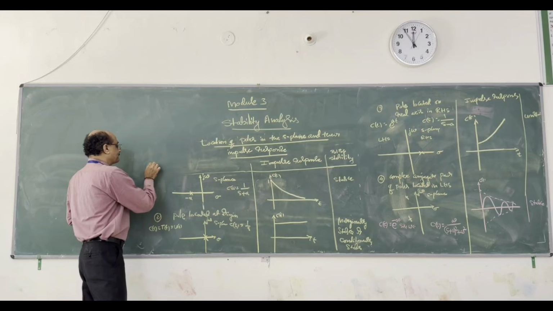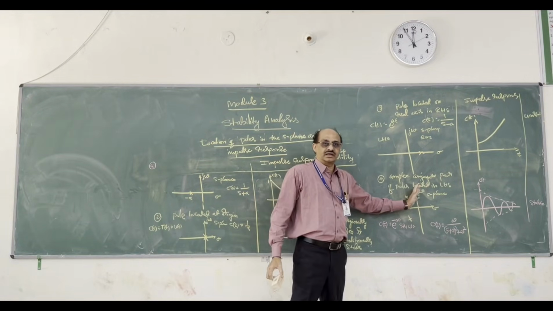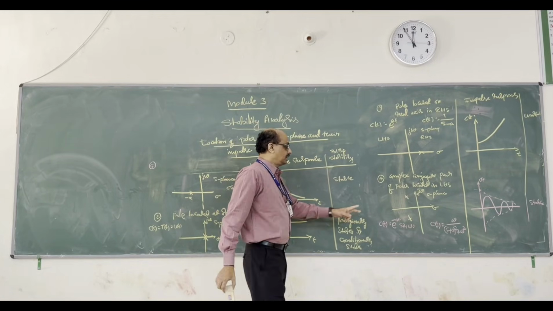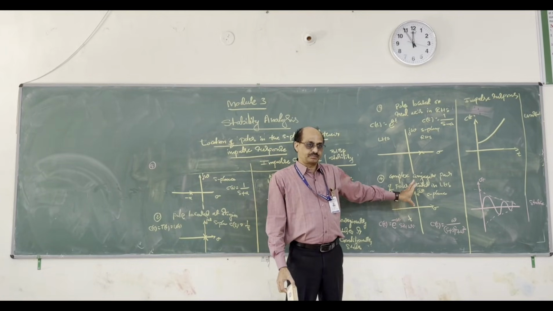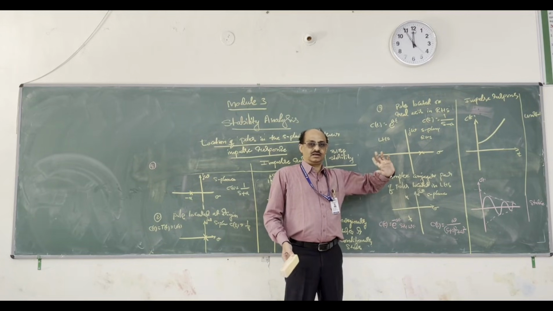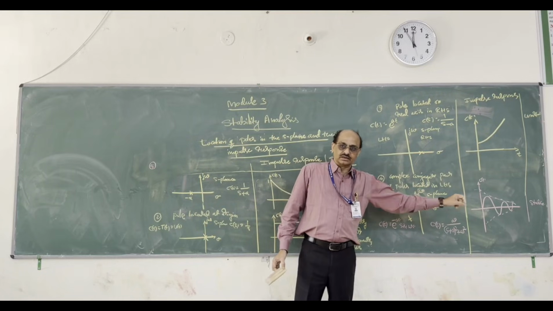Fifth one. Now the complex conjugate poles located exactly on the imaginary axis. Remember that you already know the step response. Among that you can clearly say that if the poles are located to the left, you get underdamped.